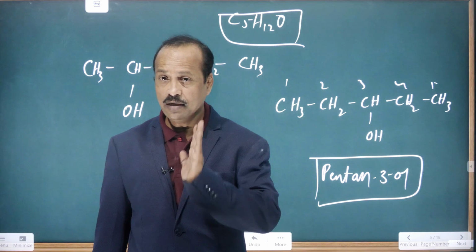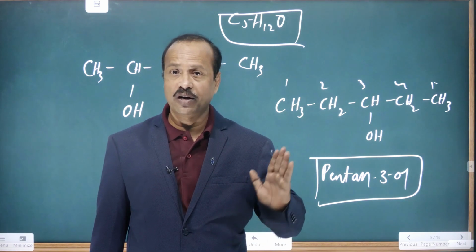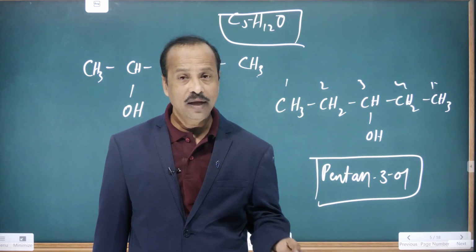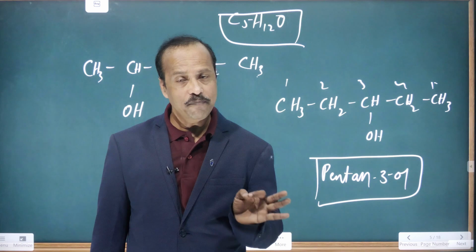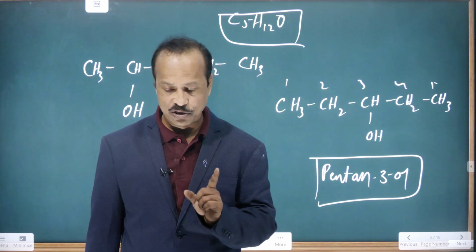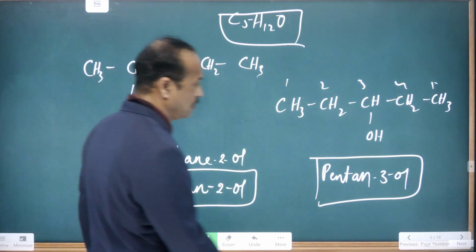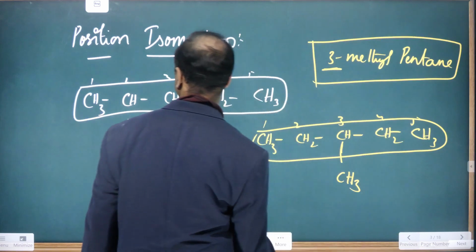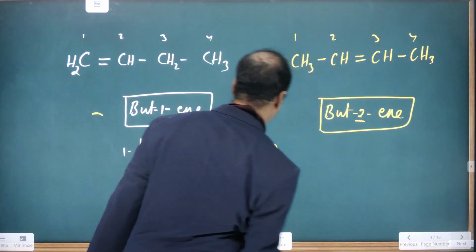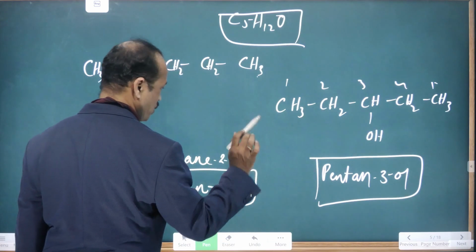So once again, see students, position isomerism: if there is a change in the position of the alkyl group or functional group or double bond and triple bond, then it is called position isomers, and the phenomenon is called position isomerism, right? So that's about position isomerism. Once again, position isomerism we have given with the alkyl group, with the double bond and with the functional group, right.